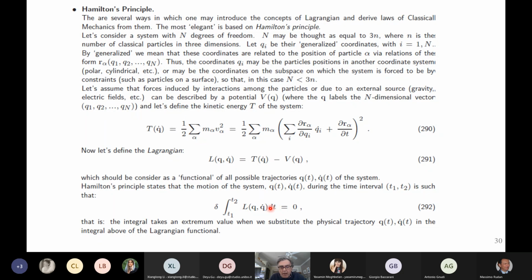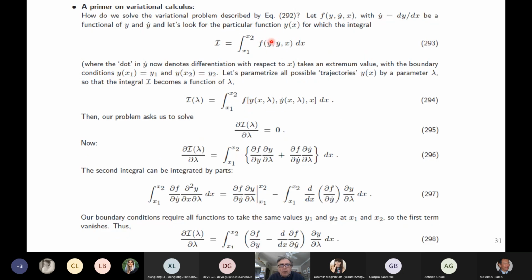So I integrate over time between t1 and t2 the Lagrangian, fixing the position and velocity of the particles at t1 and t2. Okay, the integral that I have, which is called the action, will be an extreme point, usually a minimum, when I calculate it integrating along the physical trajectory that the system will follow.